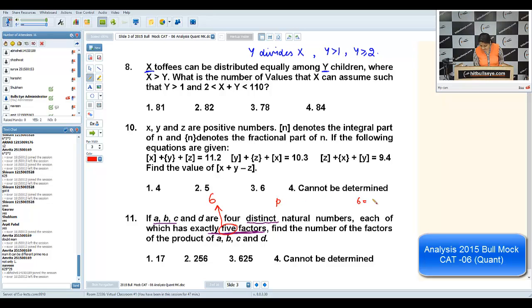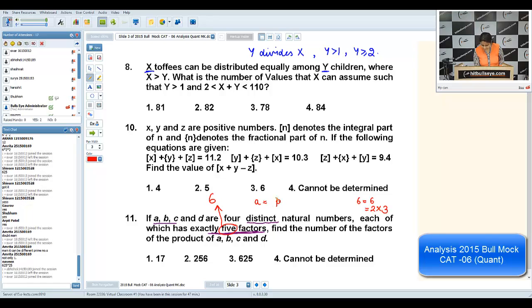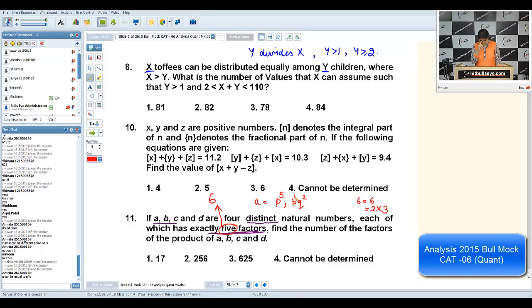See, 6 can be written as either 6 or 2 into 3. So, my number can be either P raised to power 5 or it can be P into Q square as well.